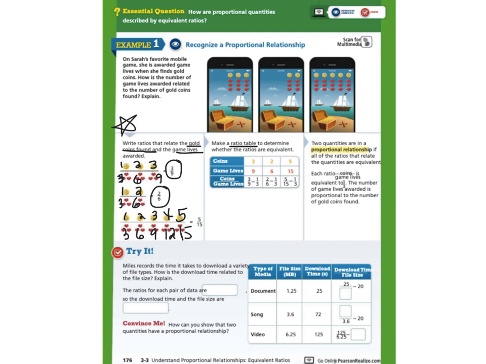And again, those ratios were 3 to 9, 2 to 6, and 5 to 15. Each of those ratios is equivalent to the ratio 1 to 3. In other words, for each gold coin that she found, she was awarded 3 game lives. We say that these 2 quantities are in what we call a proportional relationship if all of the ratios that relate the quantities are equivalent.